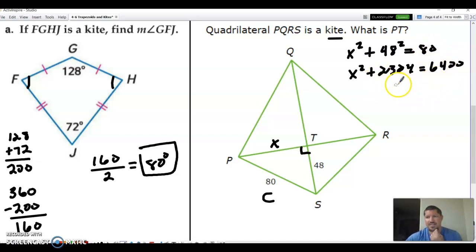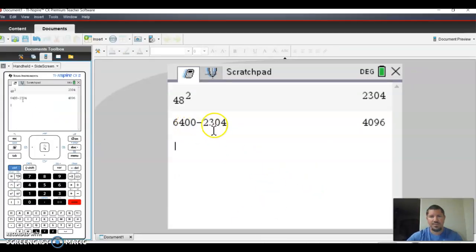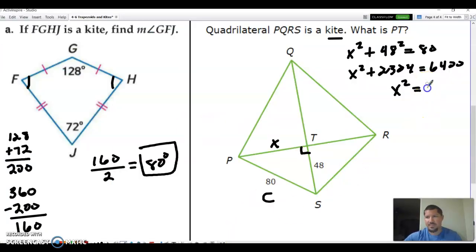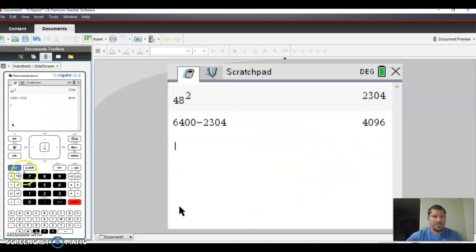I'm going to subtract 2304 from 6400. So x squared is going to be equal to 6400 minus 2304, which is 4096. And then we take the square root. So I will take the square root in my calculator, 4096, and that's going to give me 64.